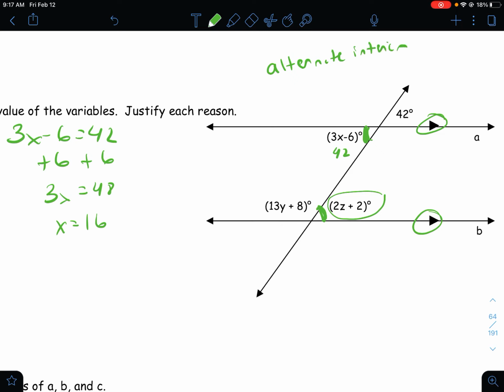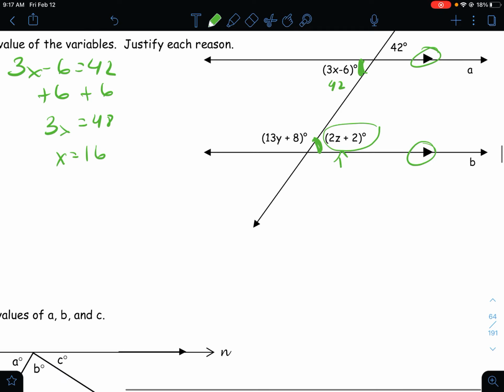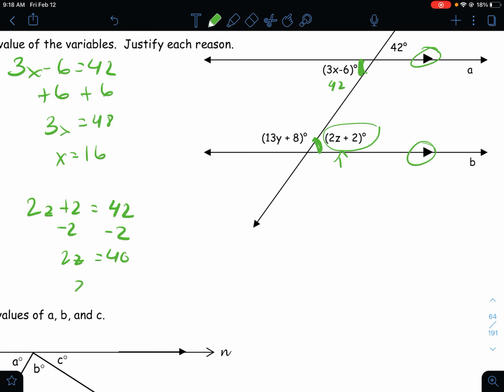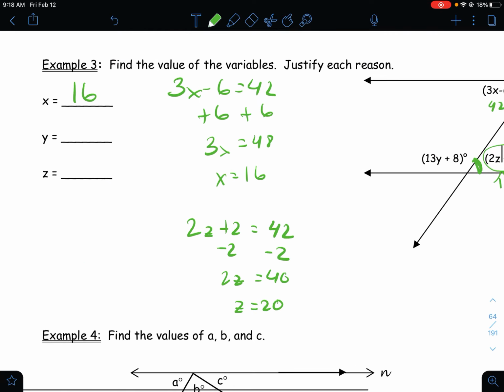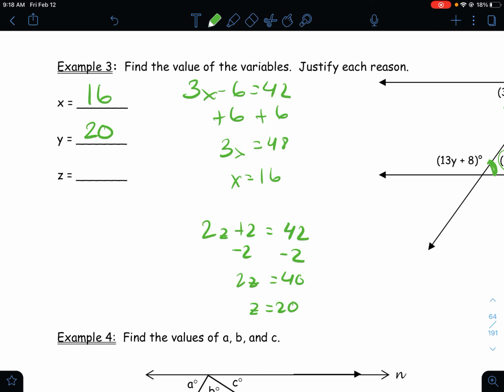If you look on your sheet, alternate interior angles are congruent. So that means that this angle here is going to be equal to 42. So we could say 2z plus 2 equals 42, minus 2. Z is equal to 20.